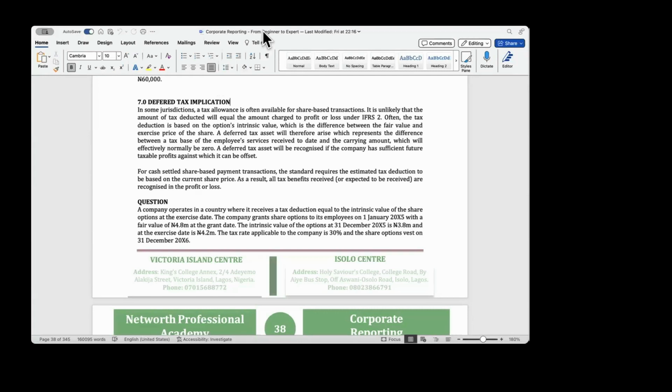Before I get there, I want to also believe that you know that temporary difference is the difference between the carrying amount and the tax base. And you know that the carrying amount could either be the carrying amount of an asset or the carrying amount of a liability.